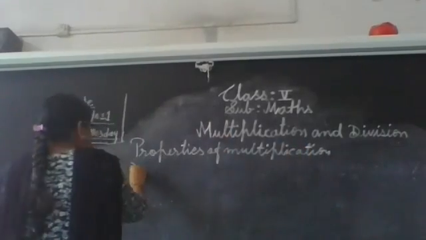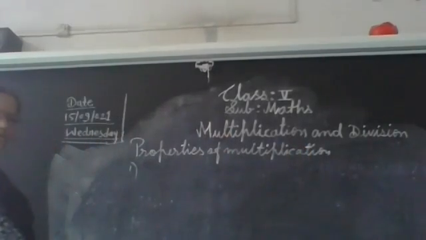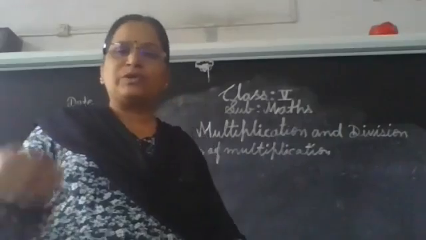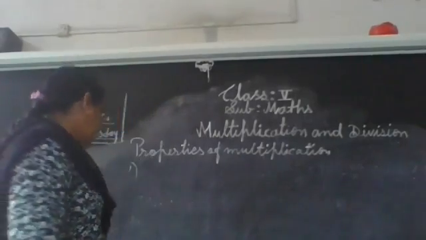So the first property is what? When a number is multiplied by 1, the product is the number itself. That means if any number is multiplied by 1, you get the same number.